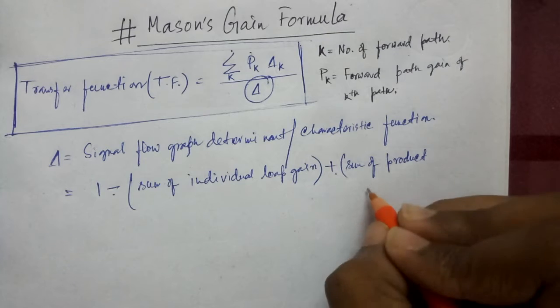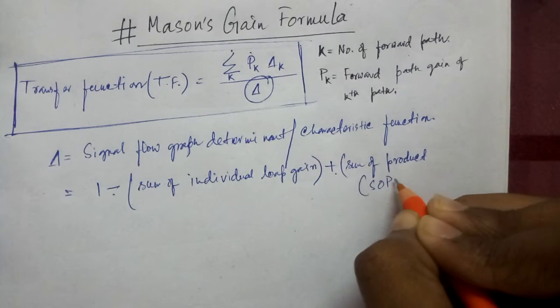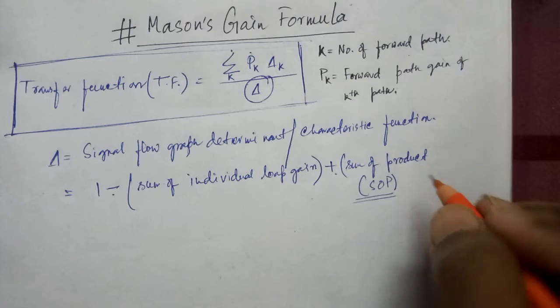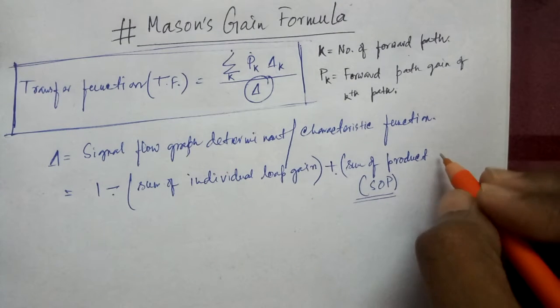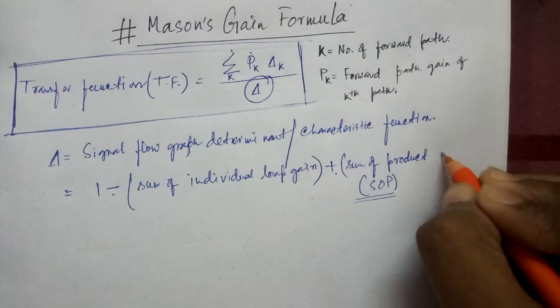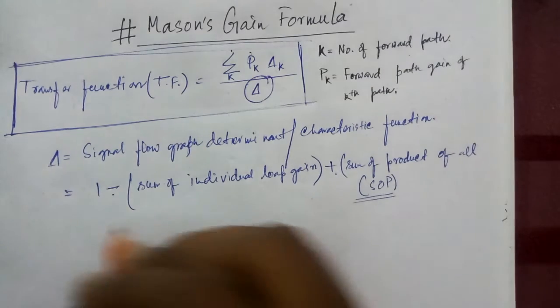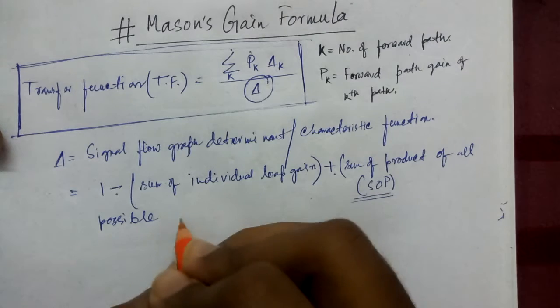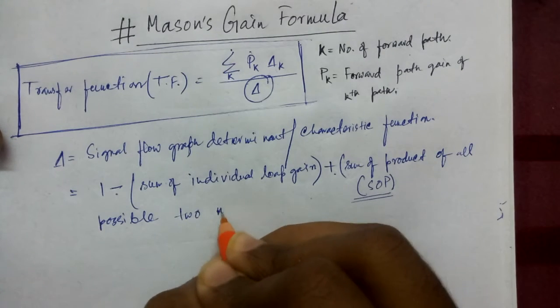I think you have practiced SOP formats in various cases and various subjects. The same thing is here, sum of product of all possible two non-touching loops.